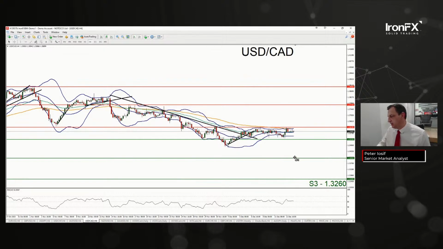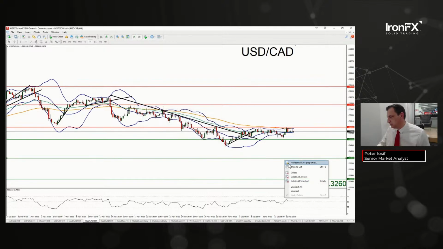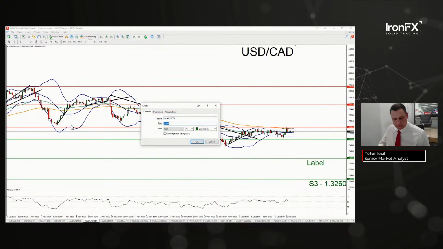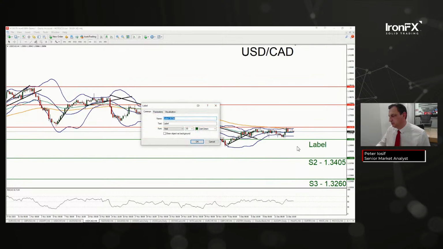The S2 at 1.3465, or 1.3405. The S1 at 1.3535.